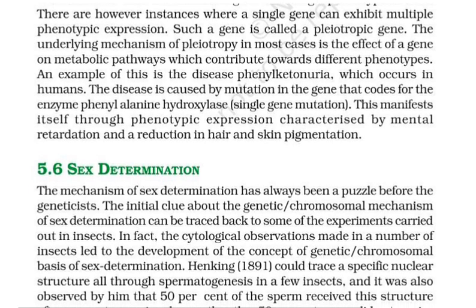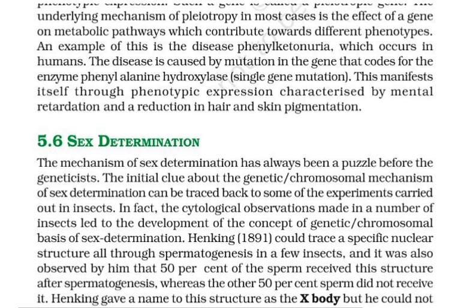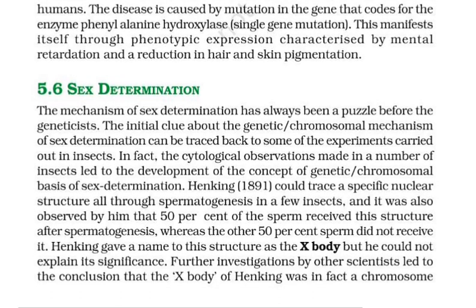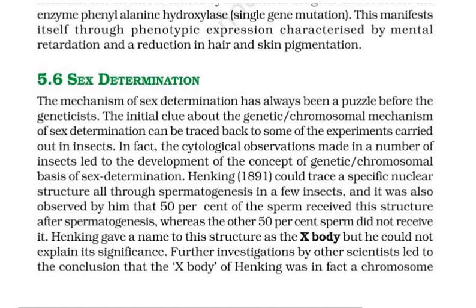The genotype with all the dominant alleles, capital A, capital B, capital C, will have the darkest skin color, and that with all the recessive alleles small a, small b, small c will have the lightest skin color. As expected, the genotypes with 3 dominant alleles and 3 recessive alleles will have an intermediate skin color.